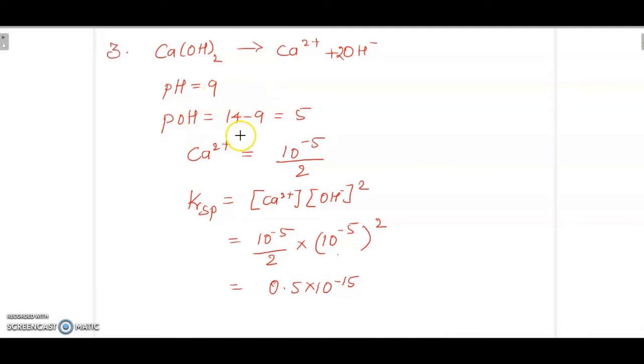So pOH is 14 minus 9, which is 5. Hence Ca2+ is 10 to the power of minus 5 by 2. And to calculate the Ksp, it is Ca2+ into OH minus twice. When we substitute the value, we get 0.5 into 10 to the power of minus 15.